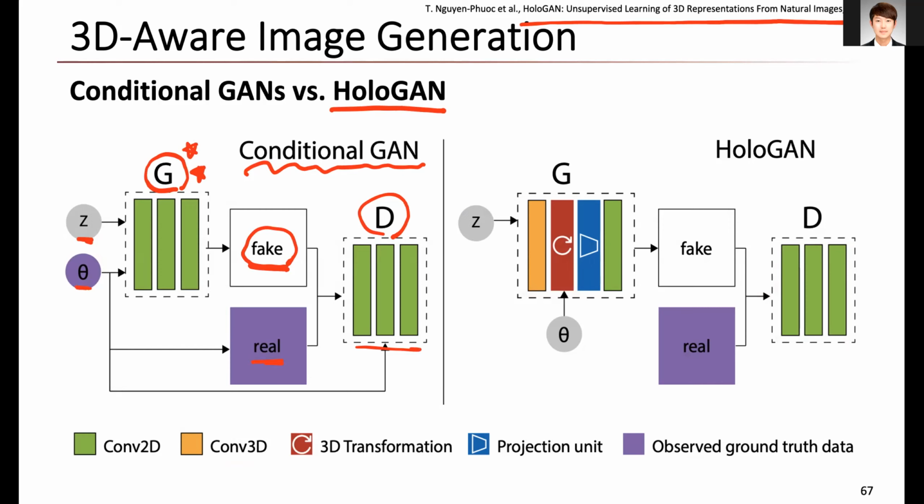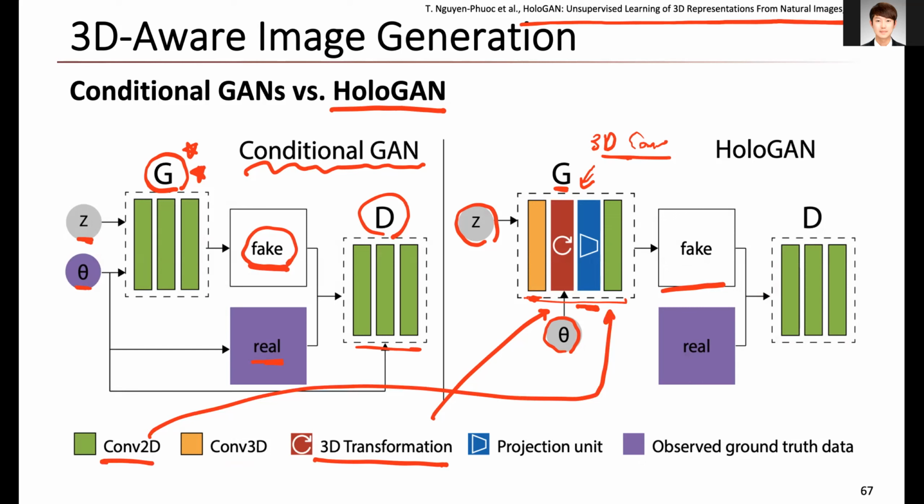They start from 3D random noise and use 3D convolutional layers and an explicit 3D transformation by theta, and because we have to generate images, they project it to 2D space, apply the 2D convolution module, generate the 2D fake images, and discriminate these fake and real images. This is HoloGAN.